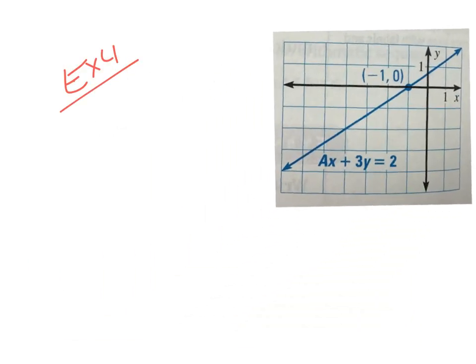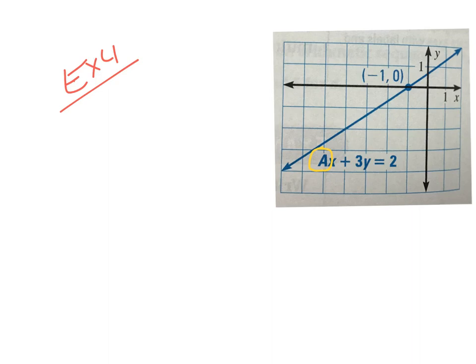Okay, looking at our graph, we're going to find the missing coefficient in the equation and then write the completed equation. So the missing coefficient is a, correct? Yeah. And then we'll write it in standard form.